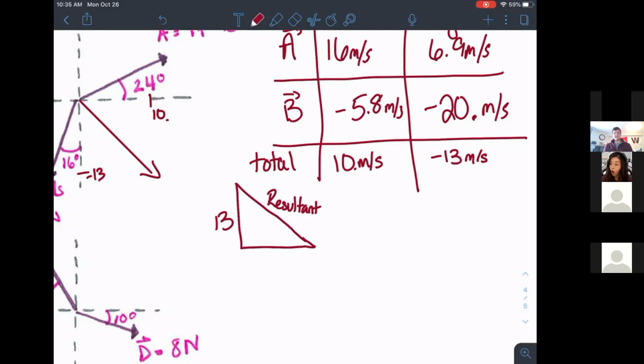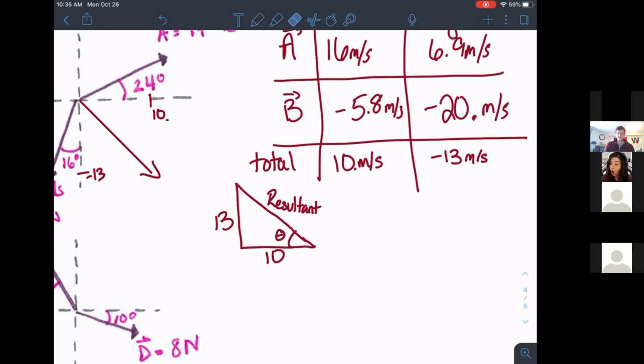And what's my x? 10. Where does my angle go, 1, 2, or 3? 3. So I'll put my angle right here. Everybody agree? Anybody disagree?